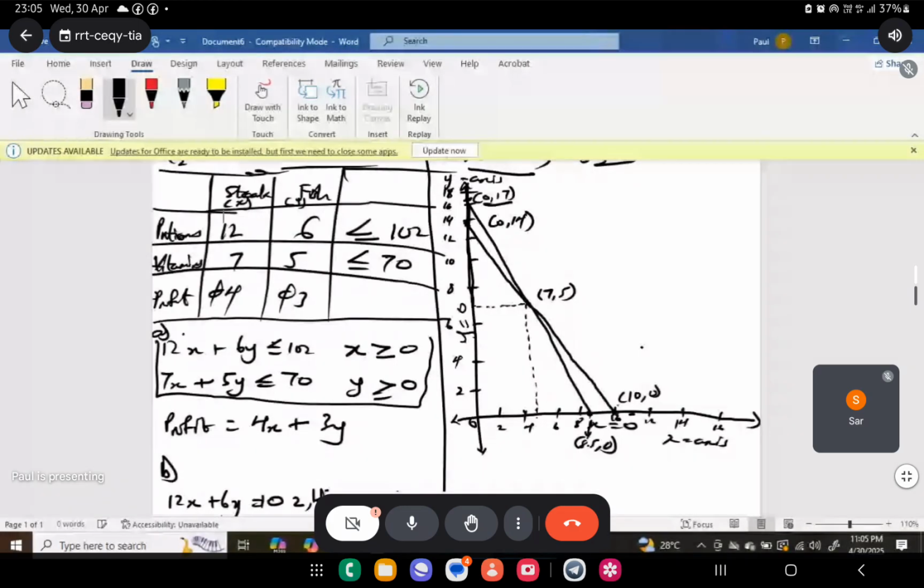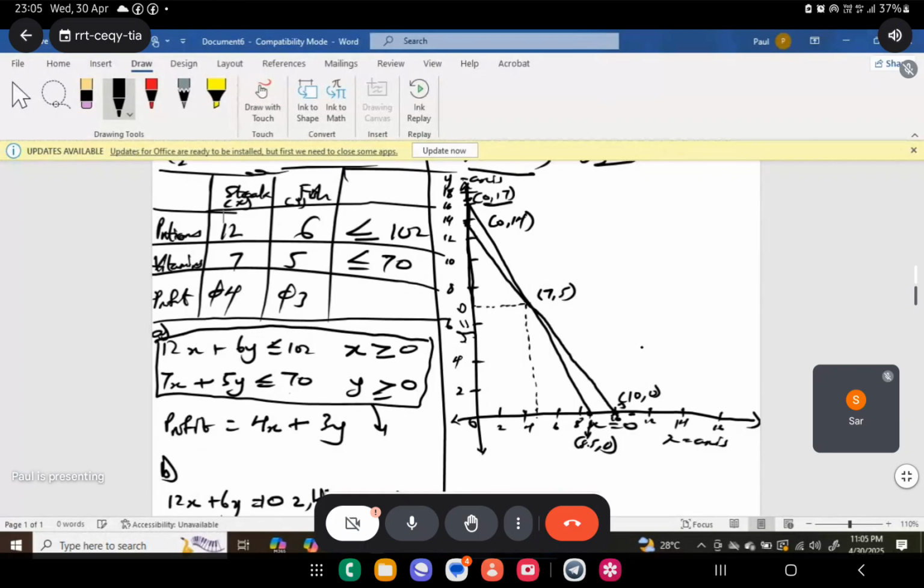But we have to use the constraint they gave us. This is where we use the constraint to find the best fits, the critical points of best fits that fits the constraint that was given.